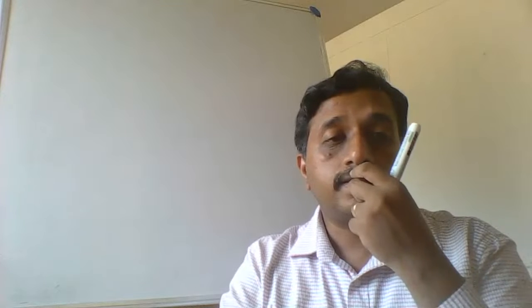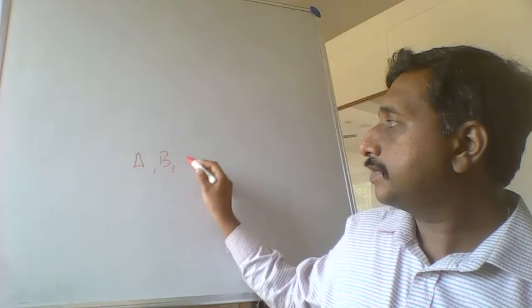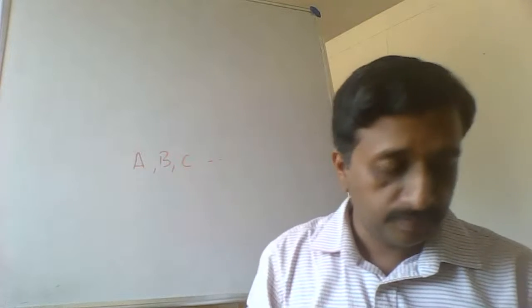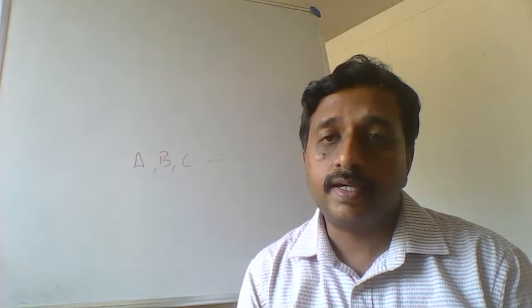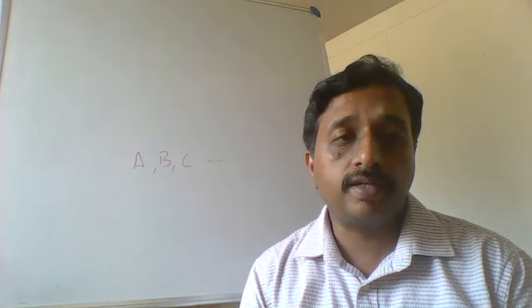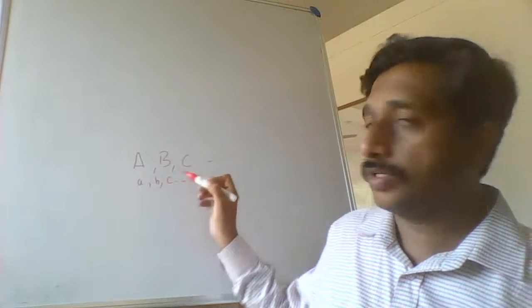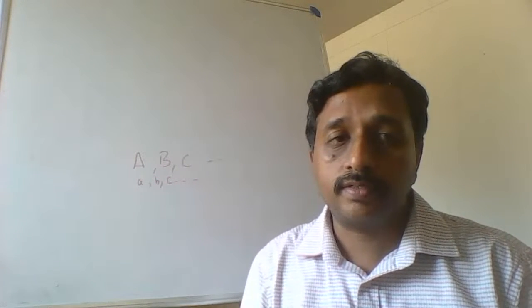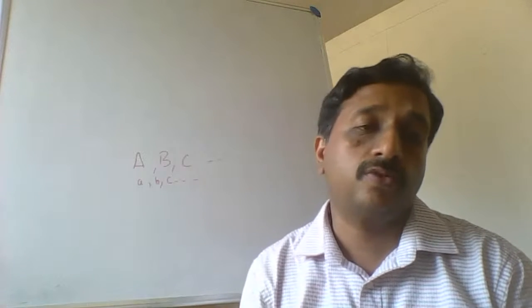Generally, sets are denoted by capital letters, which is A, B, C, and so on. Their elements are denoted by lowercase letters, x, y, z, and so on.